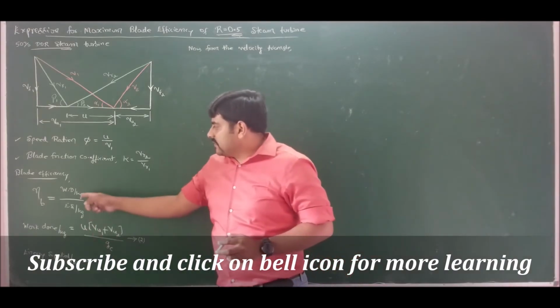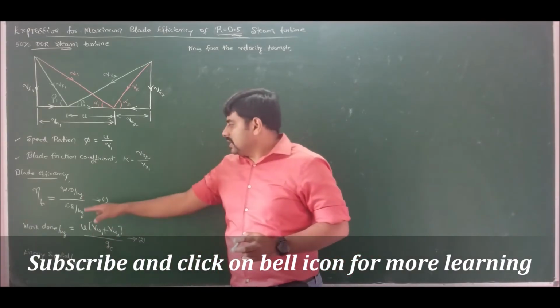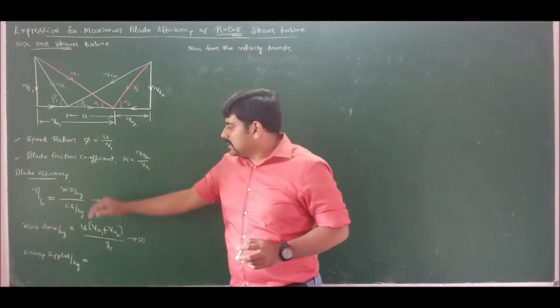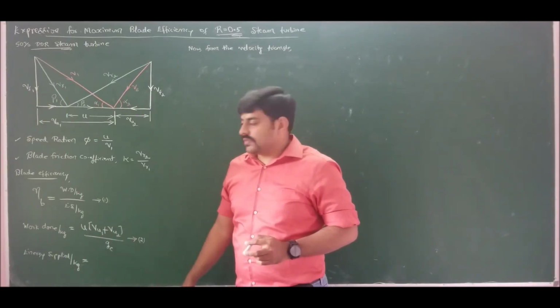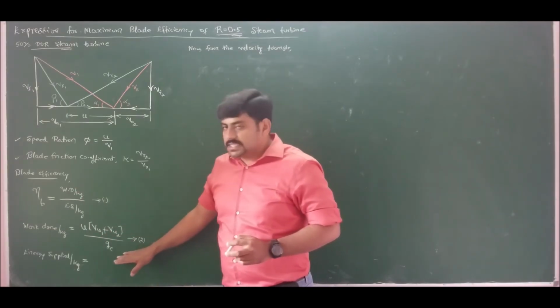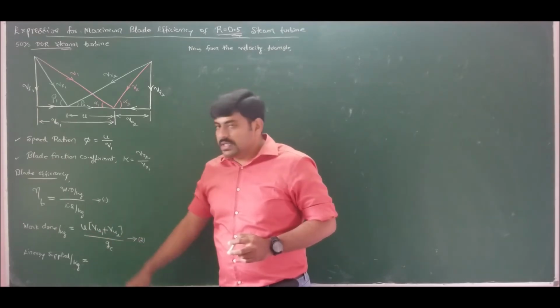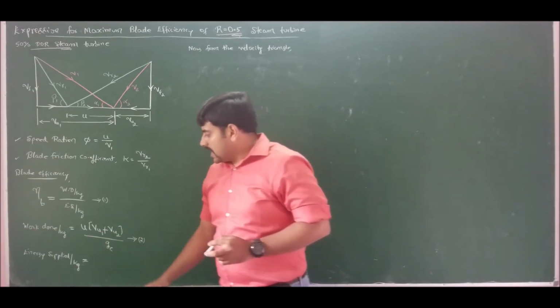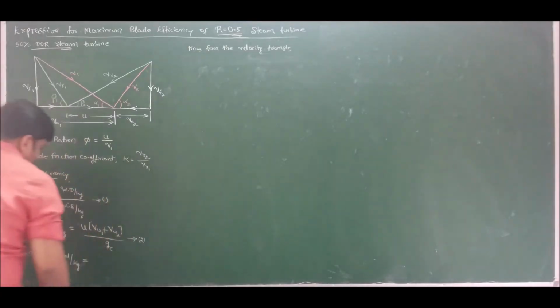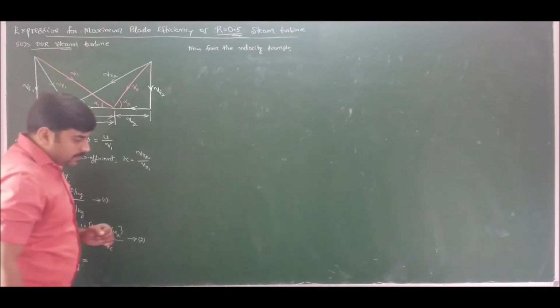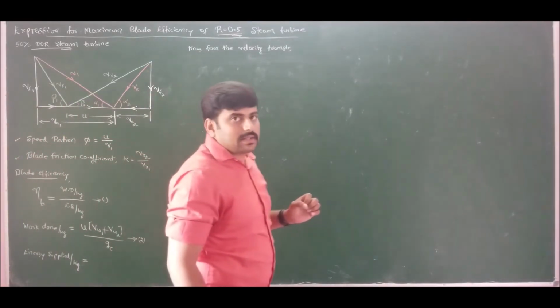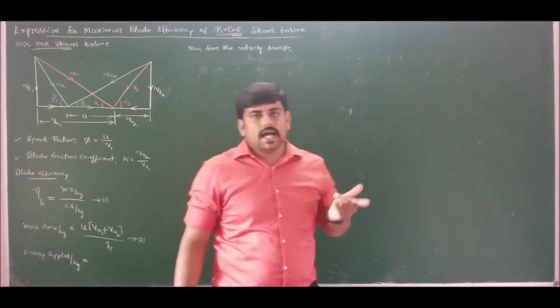The blade efficiency is defined as the ratio of work done per kg divided by energy supplied per kg. The work done per kg is known, that is Euler's equation of energy transfer. Since it is an axial flow machine, U is common. Now energy supplied per kg: for reaction turbines, the pressure drop is observed both in the stator as well as in the rotor.